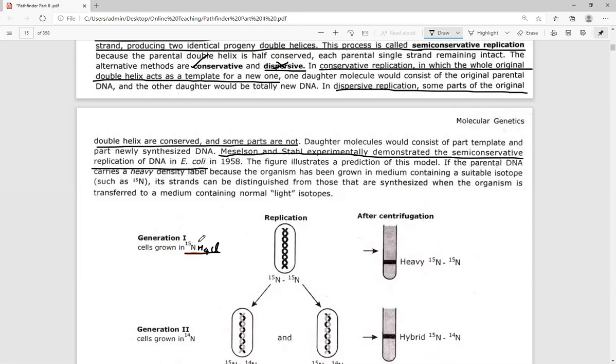Now, you have a double stranded DNA molecule containing heavy nitrogen N15, and the other strand is also N15. Now you have to grow it in ammonium chloride medium that is N14 medium, NH4Cl, and this NH4Cl is N14.